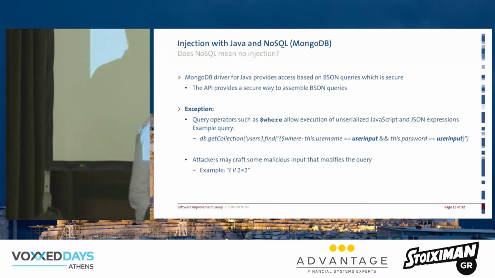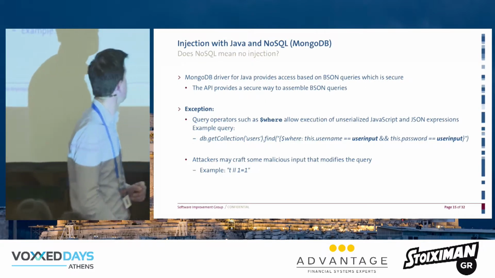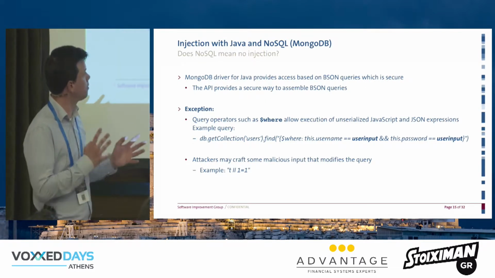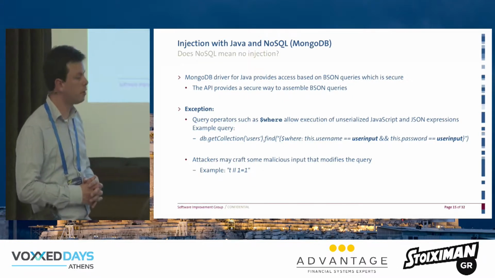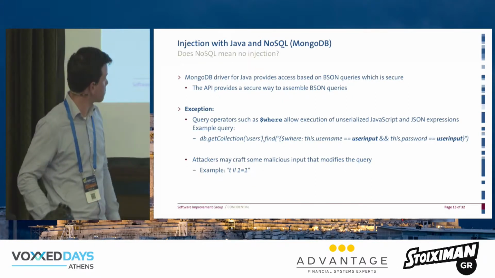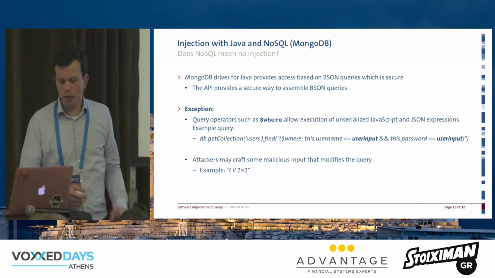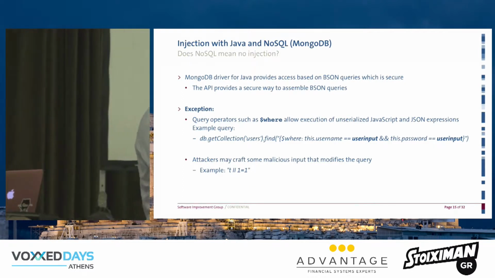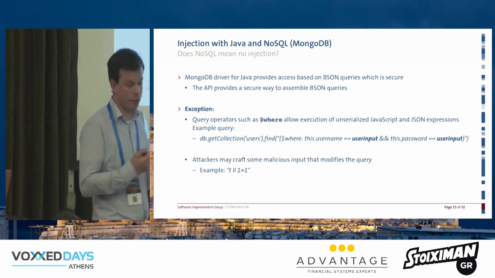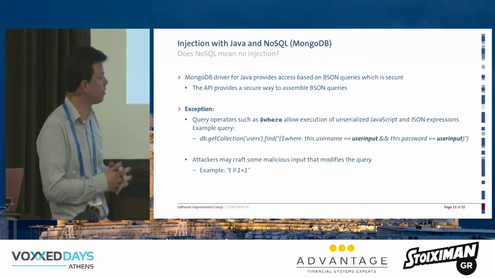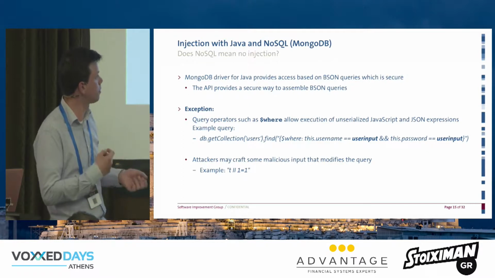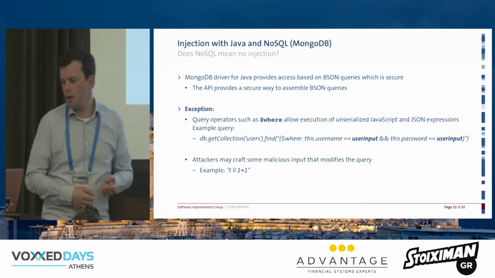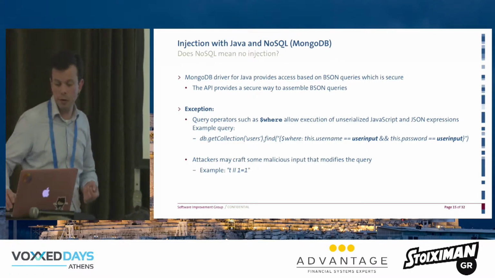The password is also compared to some user input, and it's actually done through string concatenation. This is part of a login process. It compares the username and password, so it checks whether the users collection contains a document with a particular username having a particular value and a password having a particular value.